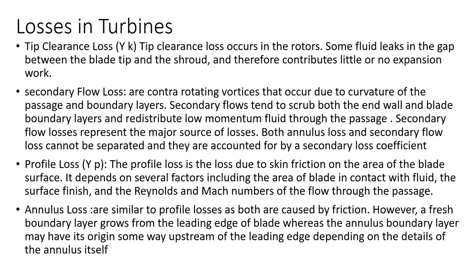So let's say your turbine is axial, correct? So your turbine is axial. As and when you go through the stages, this will sound similar to your annulus loss and secondary loss, and those are somewhat similar. As and when you go through the stages, it is not axial throughout, correct?